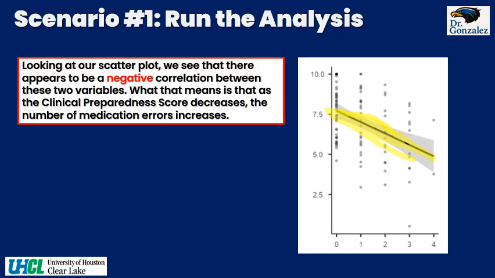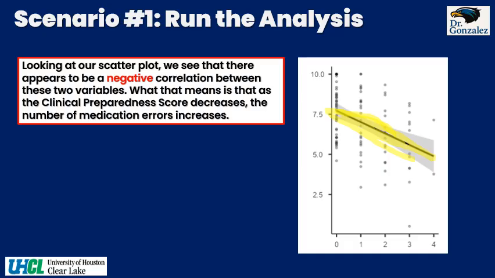That means this time as your clinical preparedness score decreases, so the less clinically prepared you feel, what happens to your medication errors? They increase. Now that's the same thing as saying, as my clinical preparedness score increases, what happens to my medication errors?